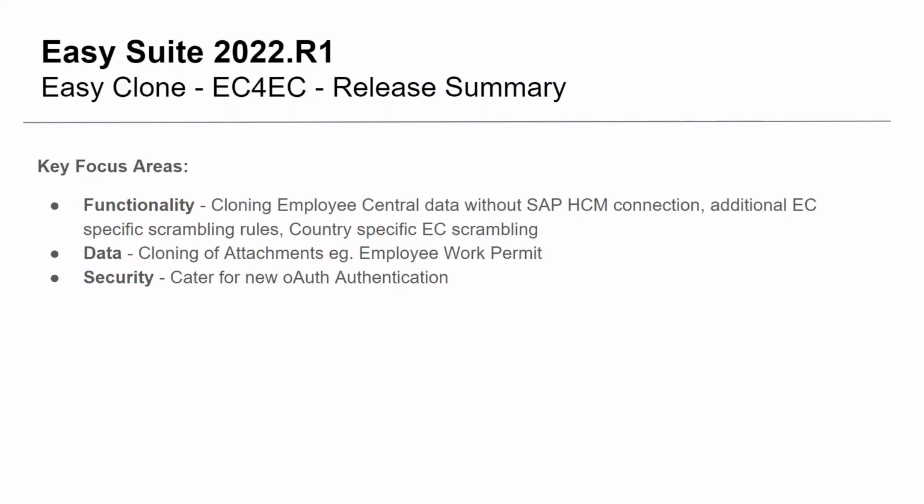Next is data. This includes cloning of attachments such as Employee Work Permit. Lastly, security. And this is to cater for the new OAuth authentication. Let's take a closer look at these enhancements.